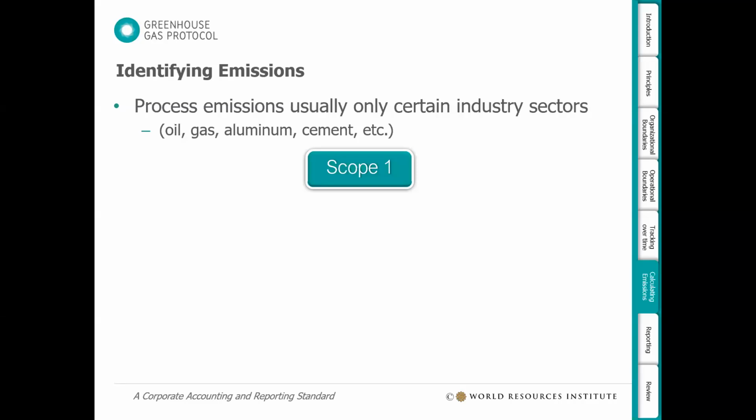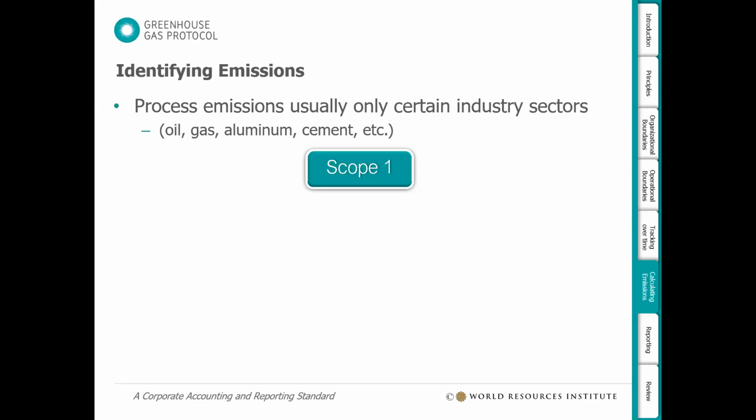On the other hand, office-based organizations may not have any direct emissions whatsoever, except in cases where they own a vehicle or perhaps a boiler or refrigeration and air conditioning equipment. Many office organizations do not have significant Scope 1 emissions at all. The bulk of their emissions would come from Scope 2 sources.